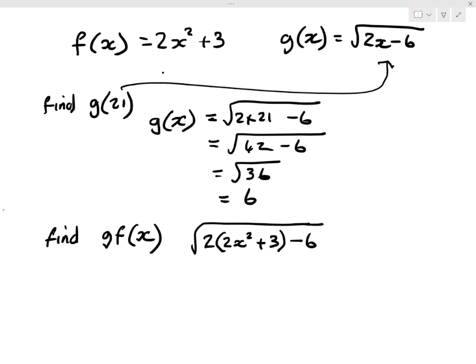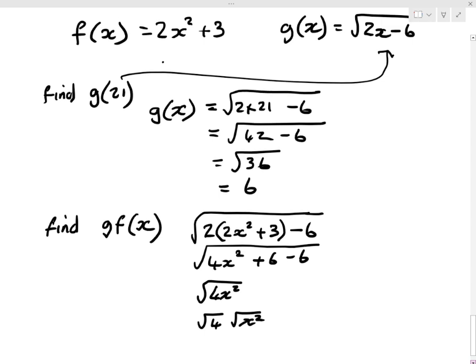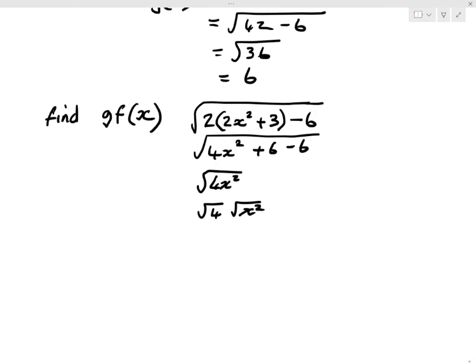So expand the brackets, 4x squared plus 6 minus 6 square root. So 6 and 6 cancel each other out, so all we've got is the square root of 4x squared. You could separate this as in surds, which will just give you the square root of that is 2, and the square root of that is x. Yeah? And that's it for the surds video.